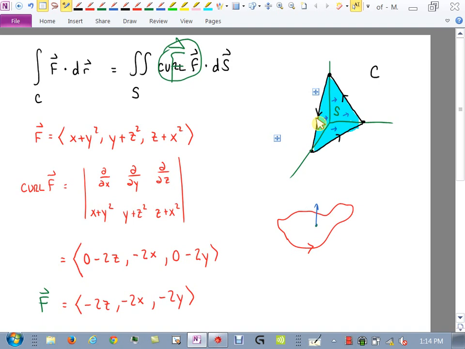It requires us to dot F, which for us was this, with the cross product of the partial derivatives of our parametric equations for the surface, which means we would need the parametric equations for this surface. Agreed?